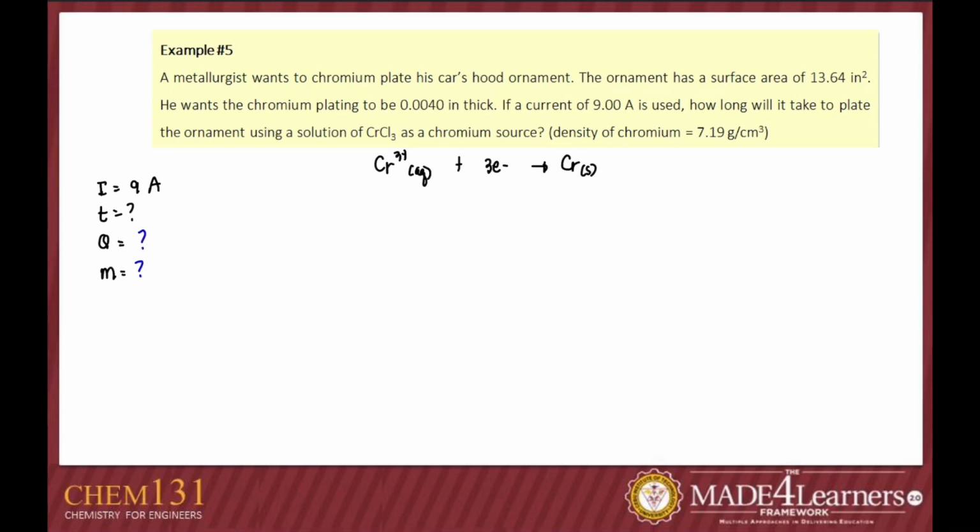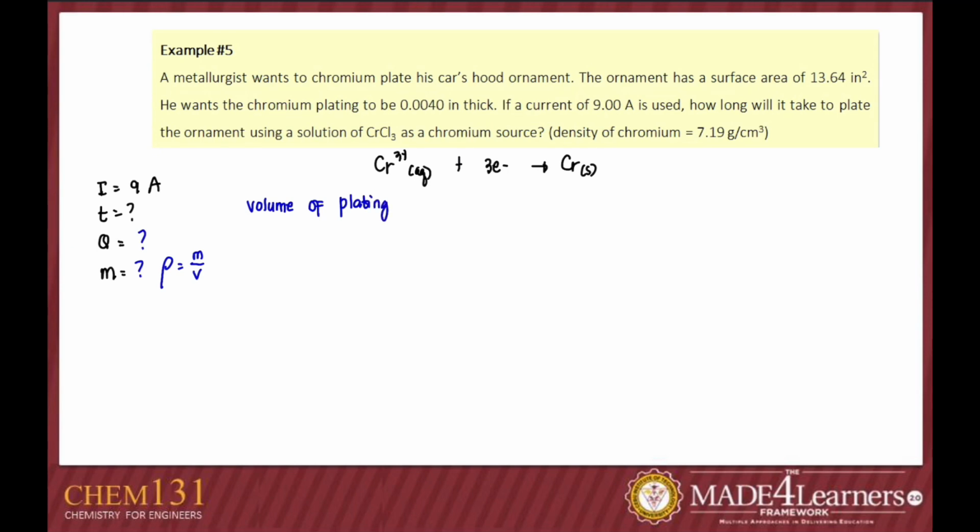The density is equal to mass over volume. So since we have the density, to find the mass, we need the volume. So where can we find the volume? From the surface area and the thickness. So the first thing to do is to find the volume of plating.